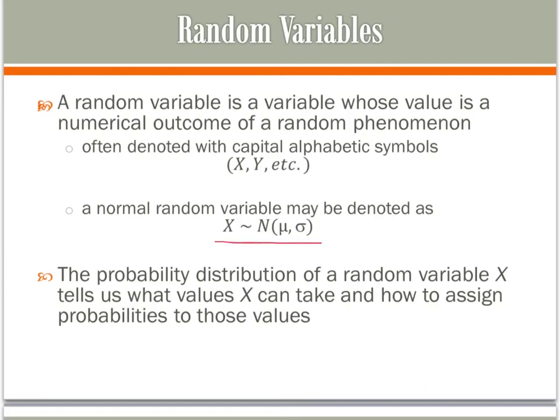That's what that means there. And a probability distribution of a random variable tells us what values it can take and how to assign probabilities to those values. So here it's telling you that the way you assign the probabilities to the values is based on the normal curve, taking z-scores and looking at area under the curve.